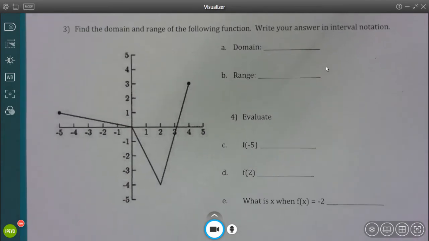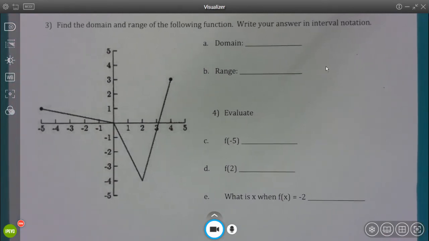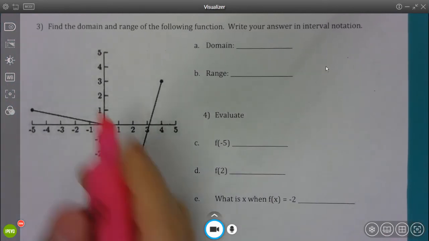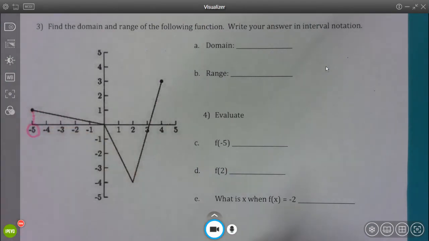So we have another graph to look at just as extra practice. So the first thing we're going to do is just practice with domain and range again. So domain is the space we cover horizontally. So I start with my starting point, which is at -5.